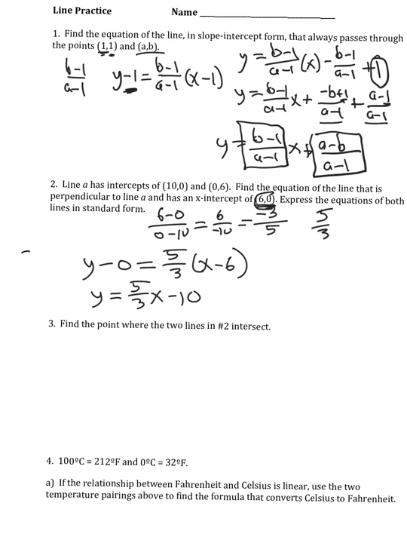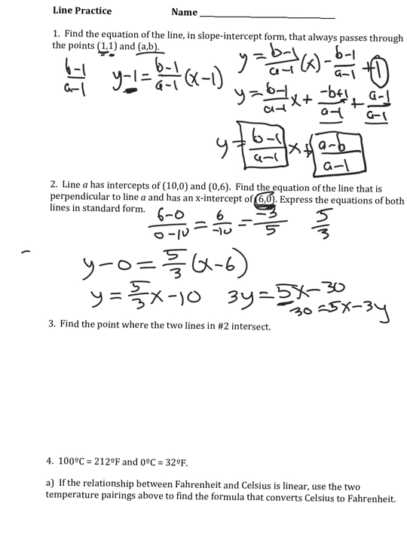And we want this in standard form, so we're going to multiply everything through by 3 to give us 3y is equal to 5x minus 30. Or, because we want to keep this positive, we're going to add 30 to both sides and subtract 3y from both sides to get 30 is equal to 5x minus 3y.